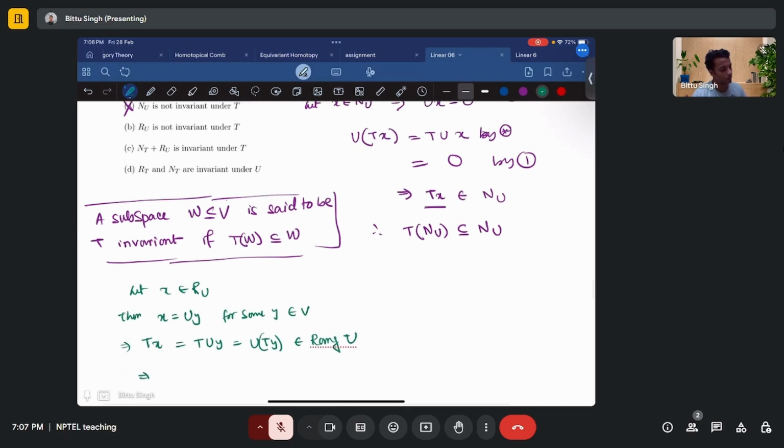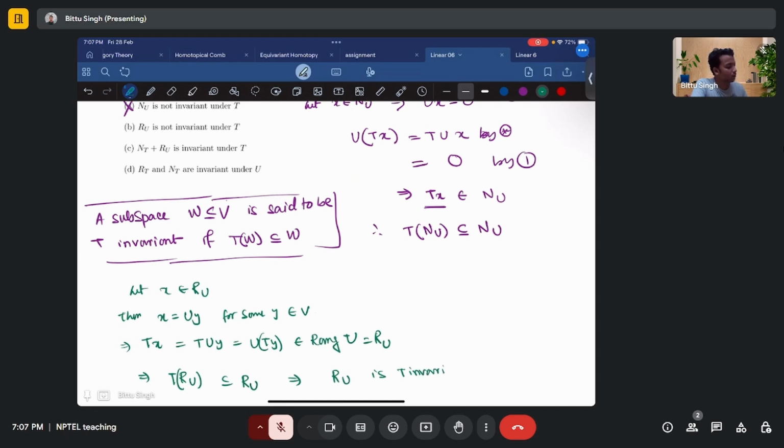Therefore, we obtain T applied on Ru is contained in Ru. Range of U is actually Ru, this is the notation here. So from here, the implication is Ru is T invariant.